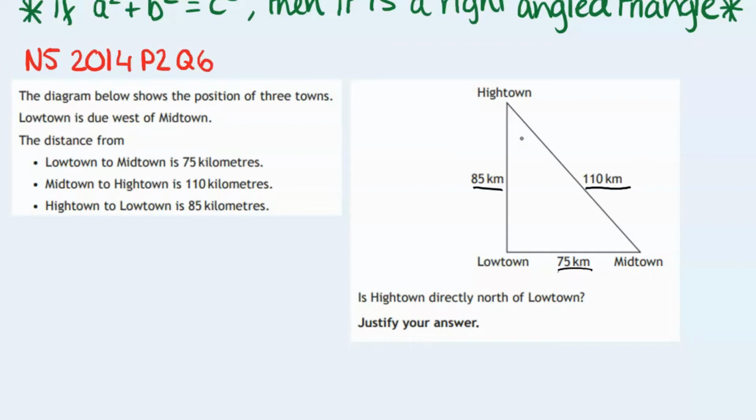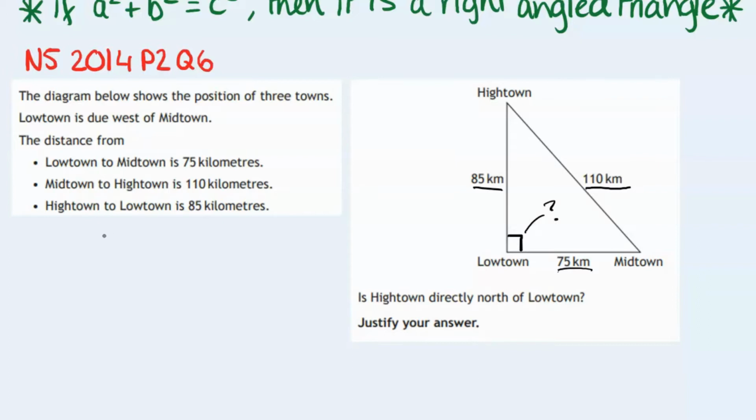So when I look at this question, I see a triangle, and we've been given three sides of the triangle, okay? That immediately implies I should use the converse of Pythagoras. What that means is we are testing whether this triangle is indeed right angled or not, okay?